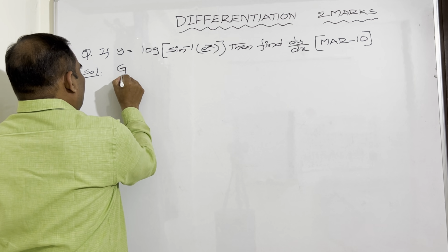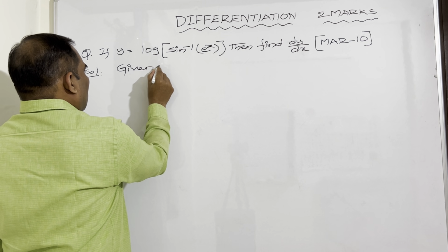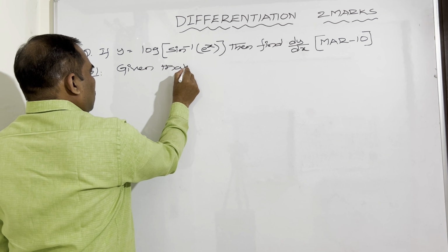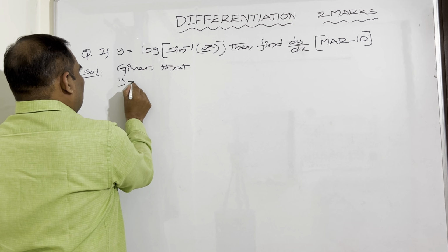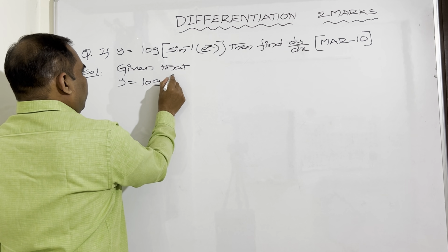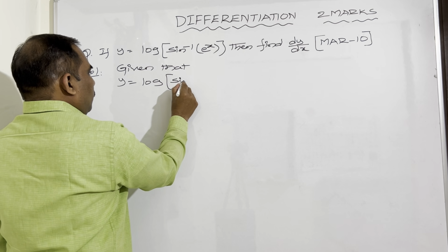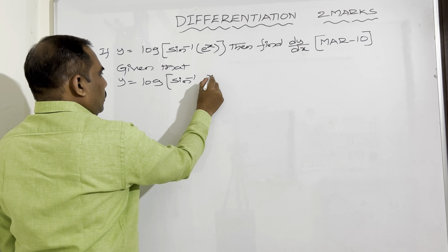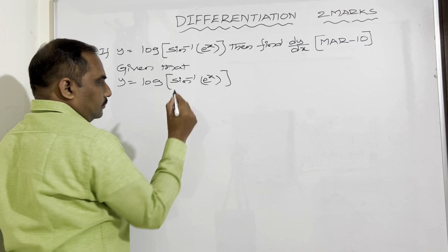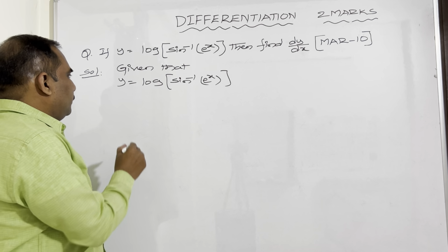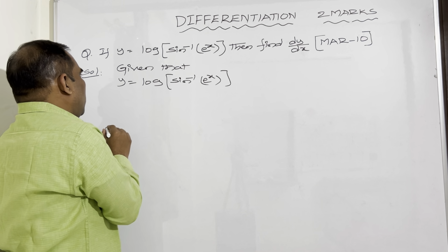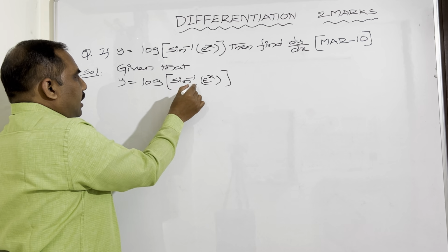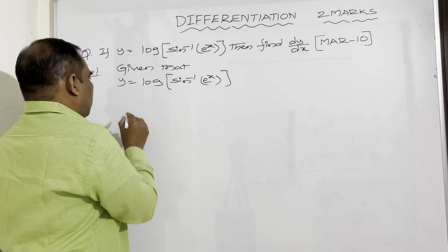So given that y is equal to log of sine inverse e to the power of x. See, we know that differentiating with respect to x, suppose the right hand side is in the form of log x.